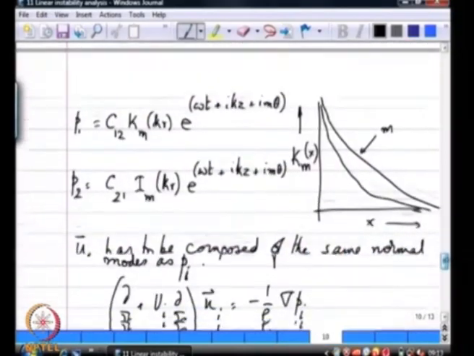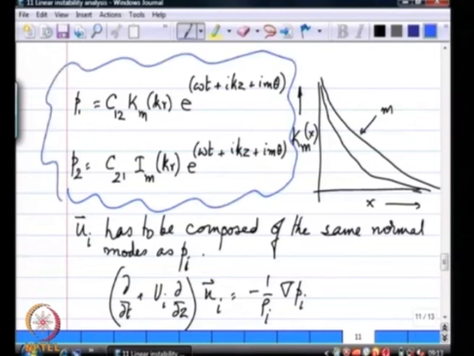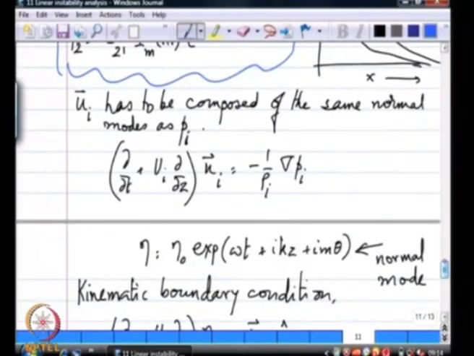Okay. So, given that, this is the form of the eigen function that we came up with for the pressure fields P1 and P2. And from this we can go back to the differential equation that we have and solve for the velocity field ui.